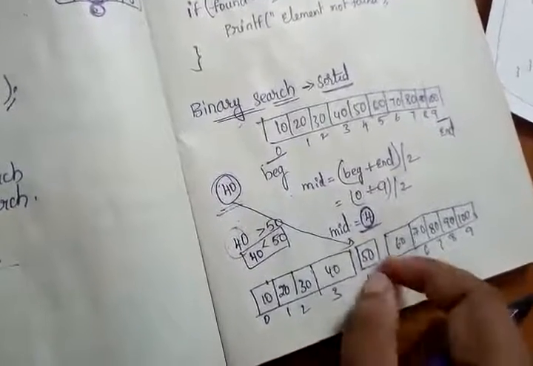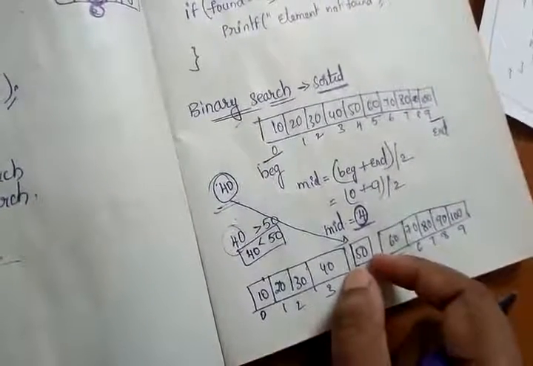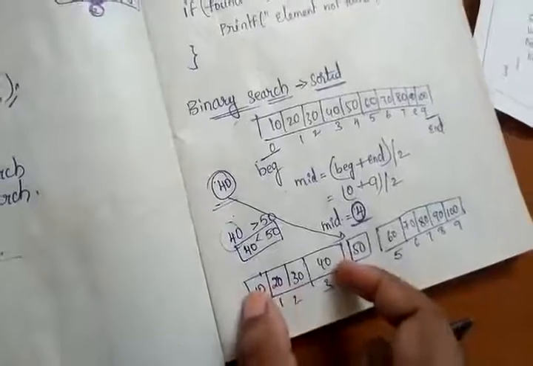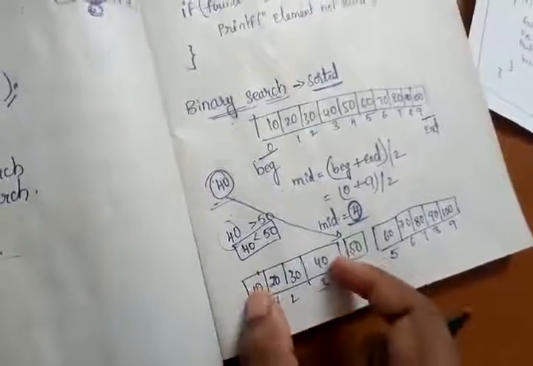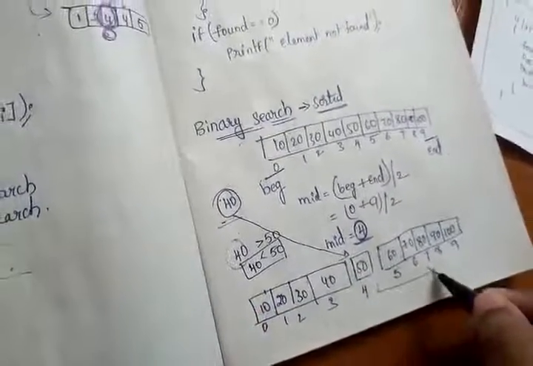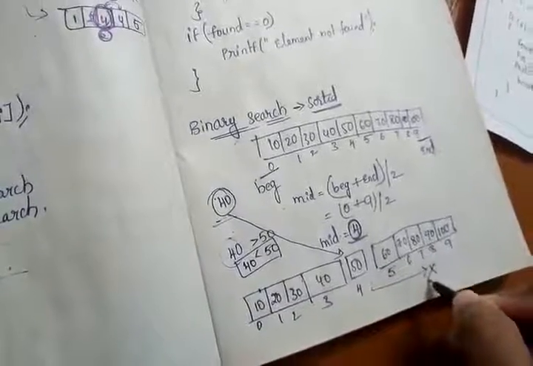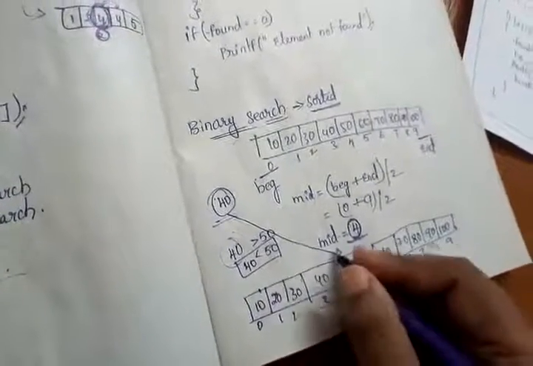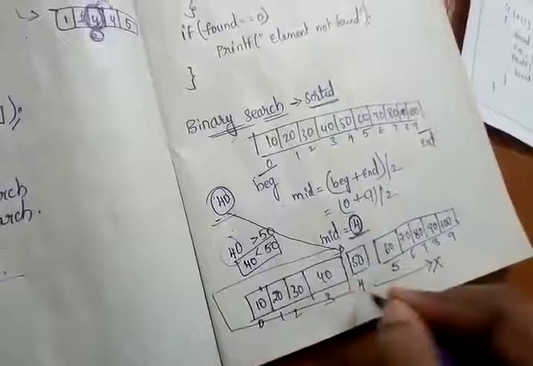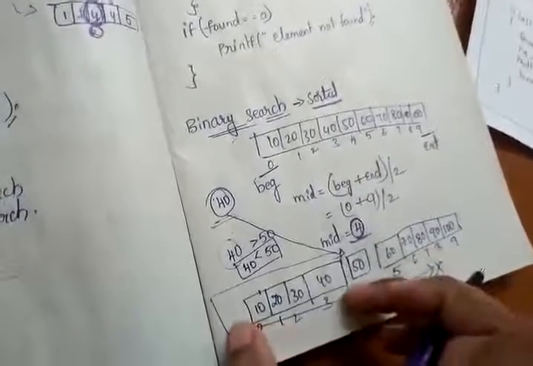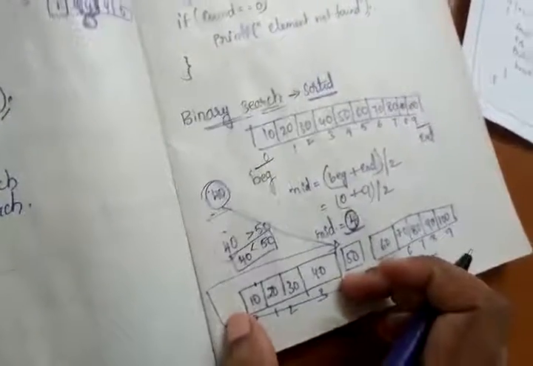Less than means we may have the element in the first part of the array. So you will not search the rest of the array. You consider only the first part of the array where we expect our element to be present.